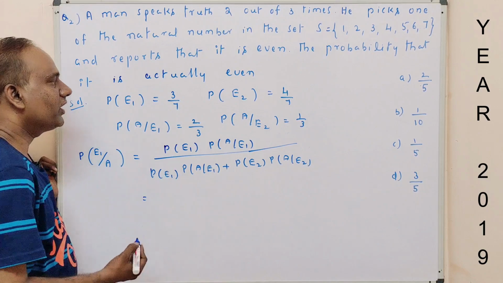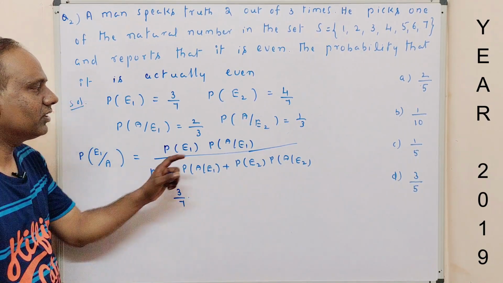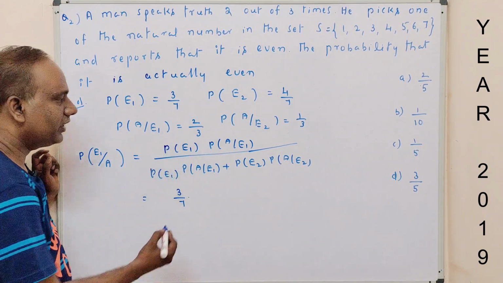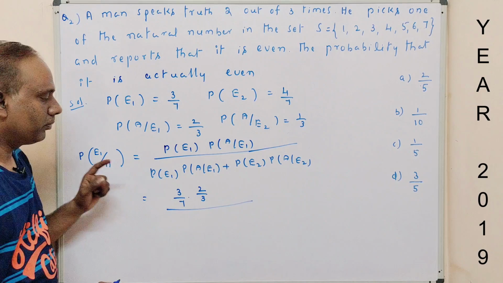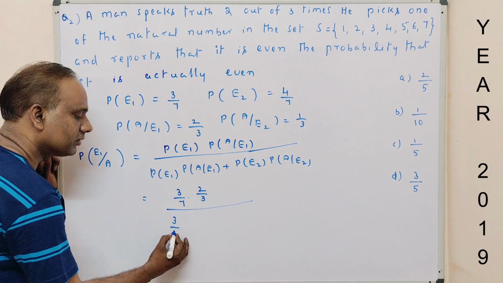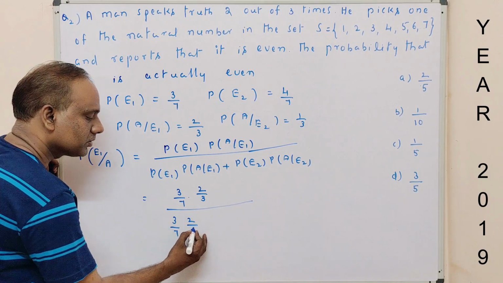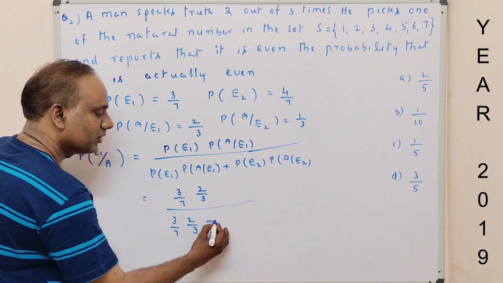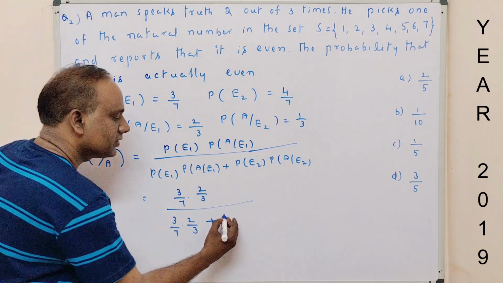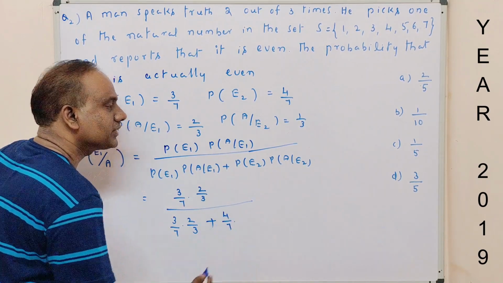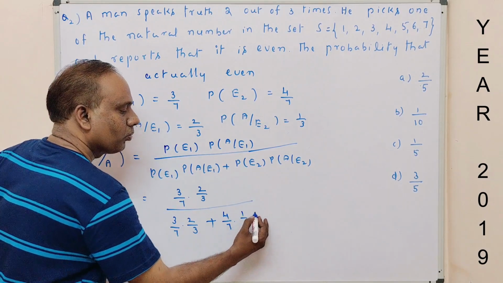Now P of E1 is 3 by 7 and P of A by E1 is 2 by 3, plus P of E2 is 4 by 7 and P of A by E2 is 1 by 3.